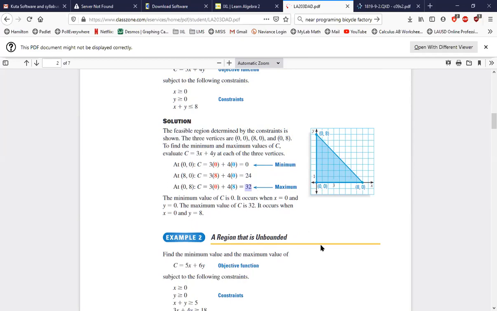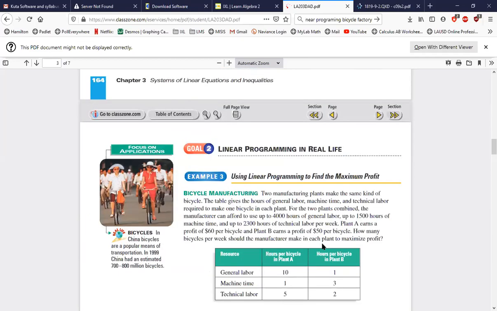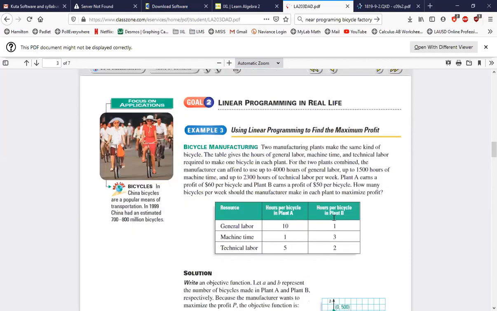So why is this important? This problem always comes up, the manufacturing bicycle problem. Two manufacturing plants make the same kind of bicycle. The table gives the hours of general labor, machine time, and technical labor required to make one bicycle in each plant.